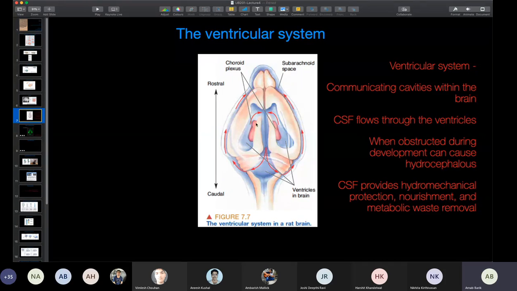And this is very important because in diseases like hydrocephalus, where you have brain swelling, the channels that circulate the CSF from the ventricles get blocked, and basically there's a fluid accumulation, and that causes hydrocephalus.